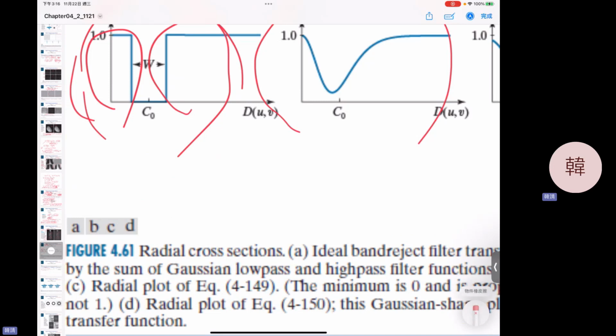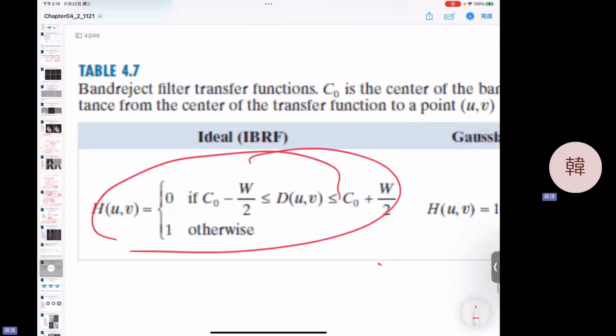You get the band stop, band reject filter: low pass for C1, high pass for C2, and the sum of the results gives this one. It can be written like this equation. So it is the ideal band reject filter.